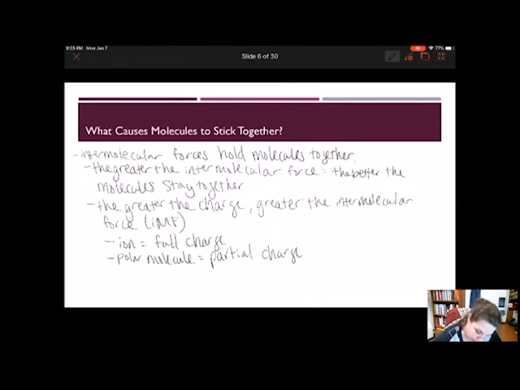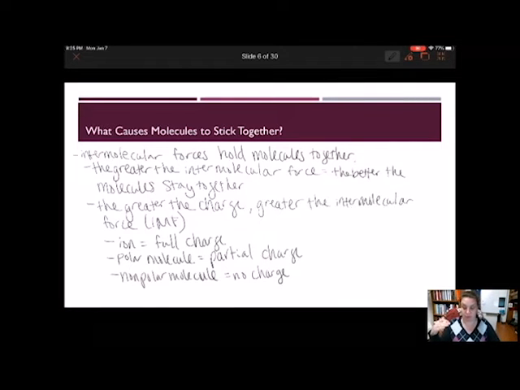And something like a nonpolar molecule, where you don't have any charge distribution, there's going to be no charge. So if we think about these things, an ion versus a polar molecule versus a nonpolar molecule, ion's going to have the greatest intermolecular force with something else charged or partially charged. A polar molecule would be next, and then a nonpolar molecule. Since there are no charges, there is no opposites attract, and there's not very great intermolecular forces with those.